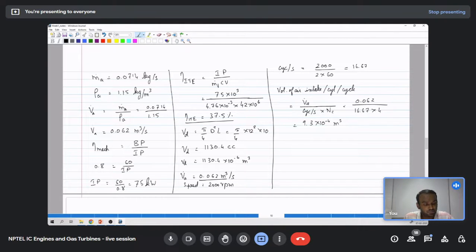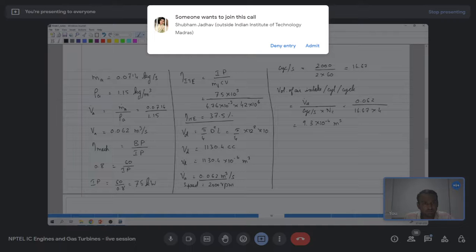Can someone confirm if you are also getting this value 9.3?